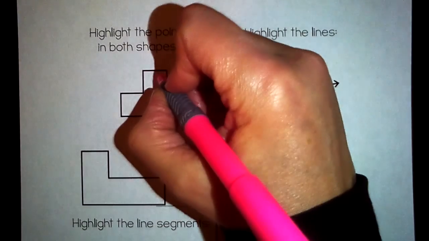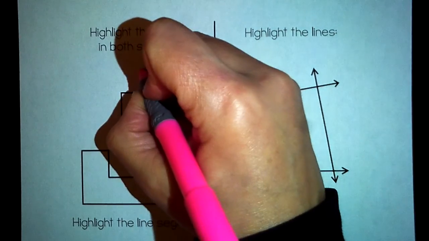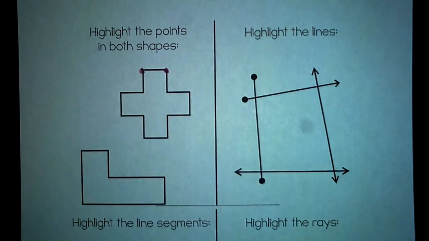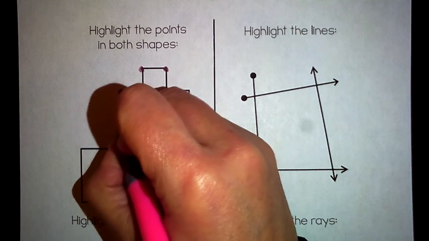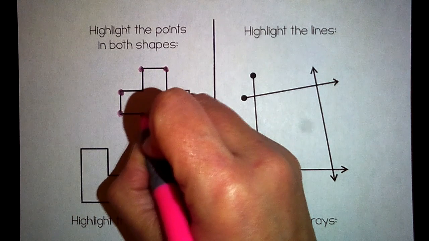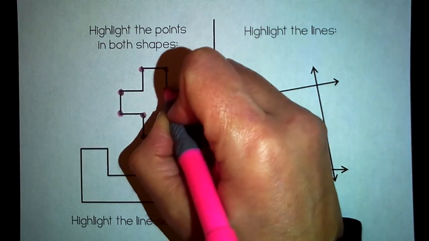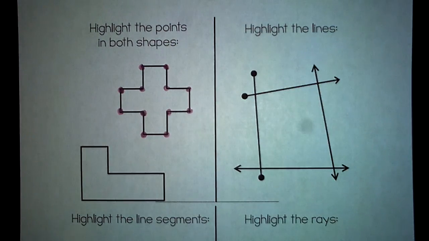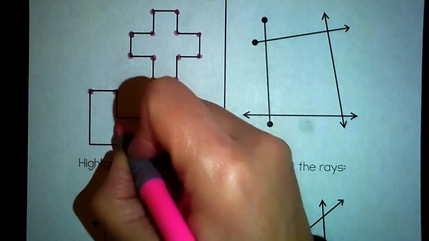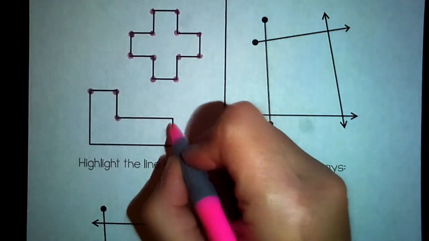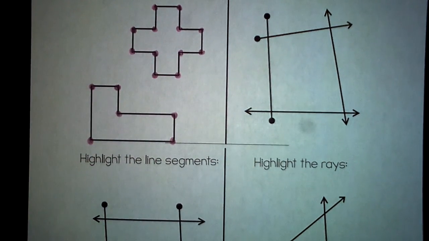Well, if we're talking about points, here's a point, here's a point, here's a point, and I could keep going, right? These are all points in my shape. What about in this shape? Label along with me. These are all my points.